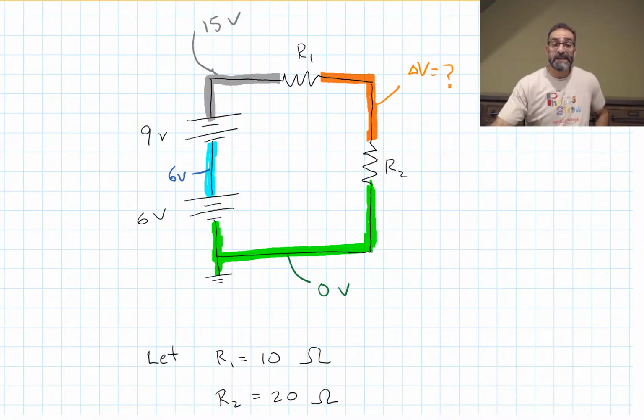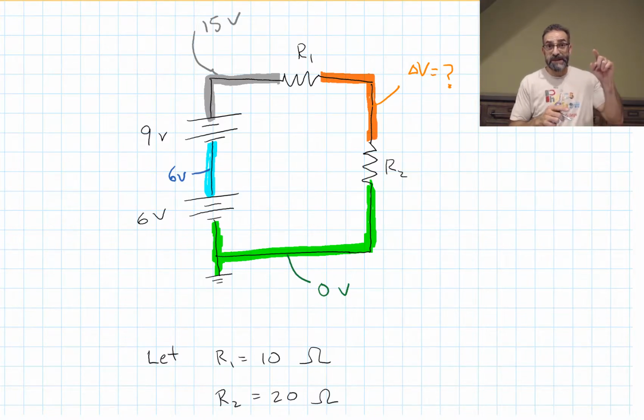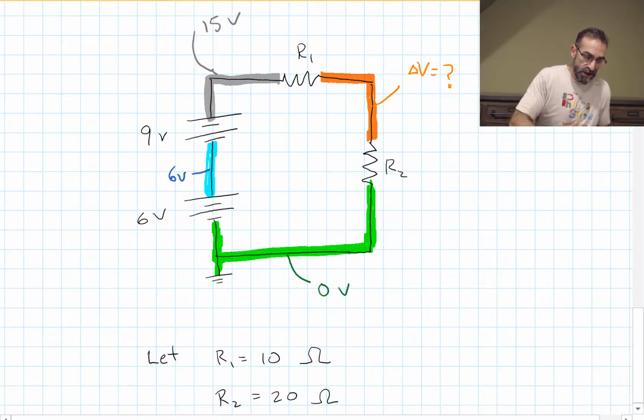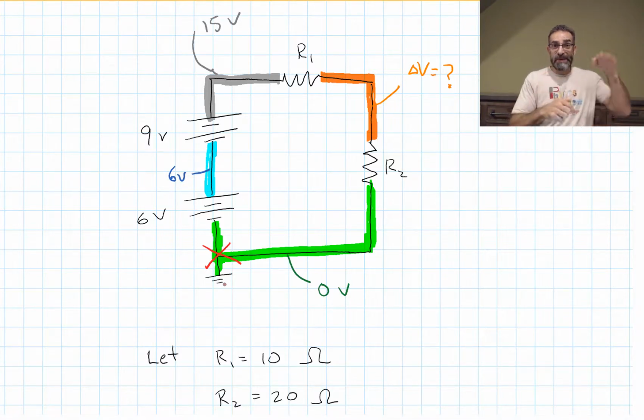Now let's take a look at the second circuit from the last video. Here, we knew that we had a 15-volt potential rise going up through those two batteries. Then we come down through R1 and then through R2. Remember, potential rises and drops, they're like elevation changes on a hiking trail. If you start out over here at level 0, sea level, and you go up 6 volts, you're at some new higher elevation now.